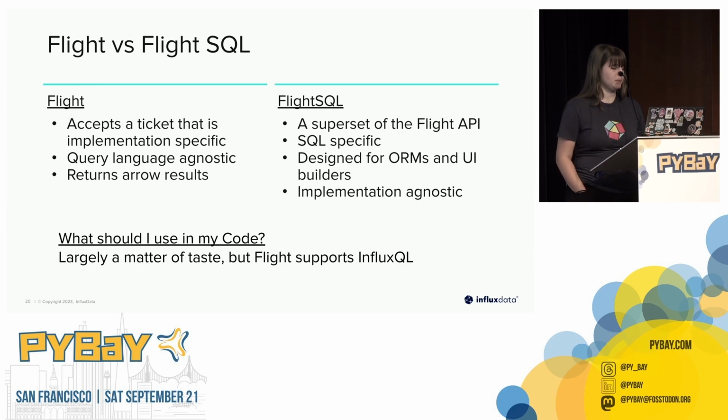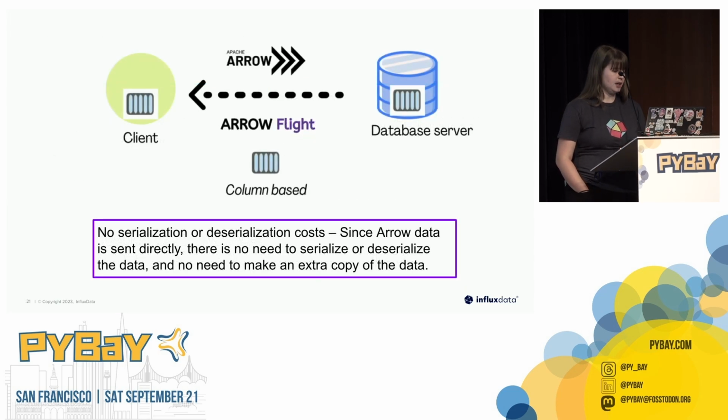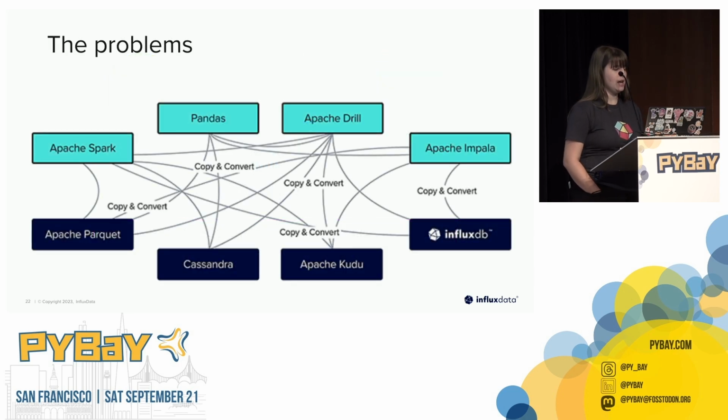For your purposes, and for the purposes of the people in this audience in general, for the most part, it doesn't really matter which one you're using. It matters more that you have the ability to use both. So before, when you wanted to get things transferred, you had to have a lot more serialization and deserialization cost, but now with Arrow Flight, you can just send this data directly, and I really like this slide to show that.